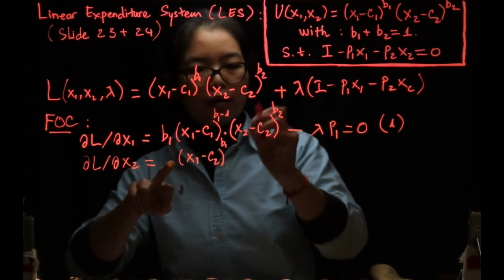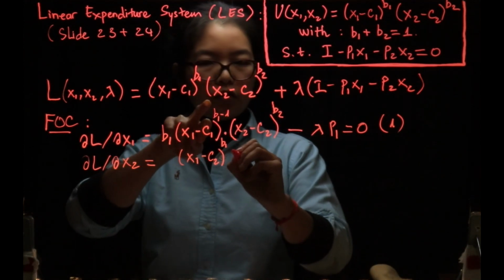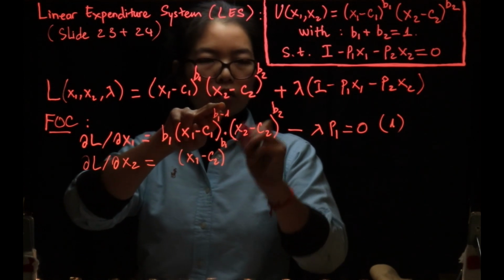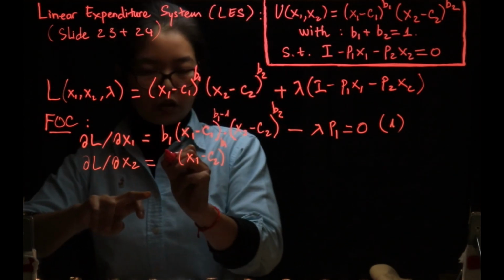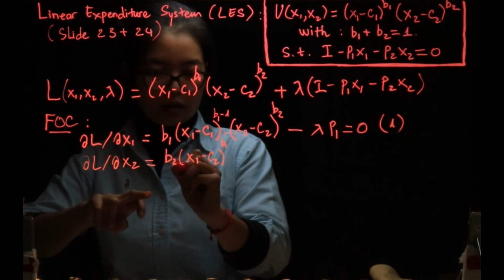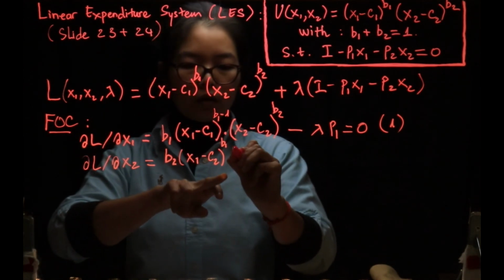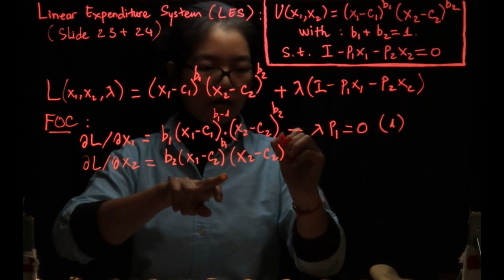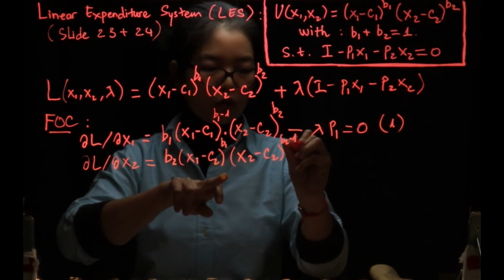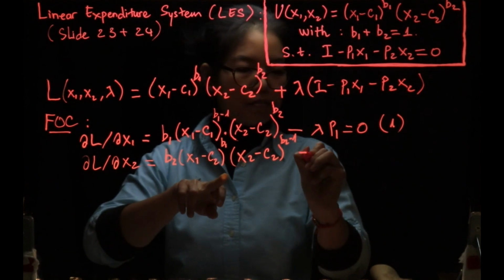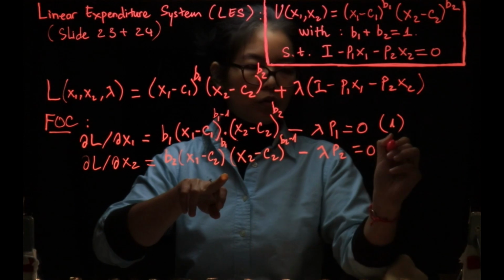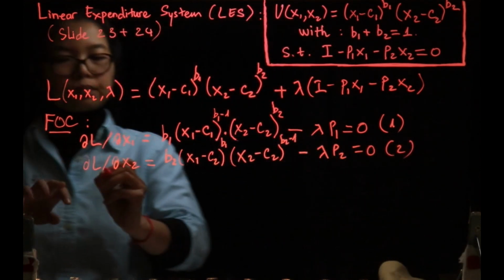And then it comes to the derivative of the second term related to x2, so b2 goes in front, times (x2 minus c2) to the power of b2 minus 1, and then minus lambda p2 equals 0 like before.